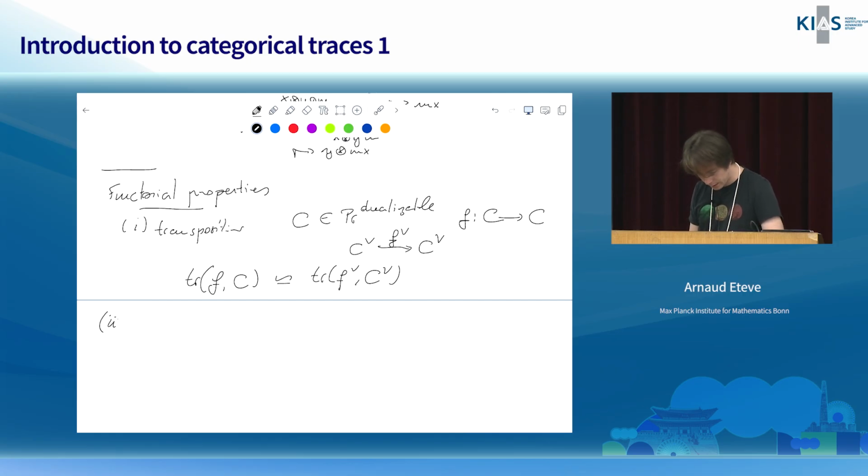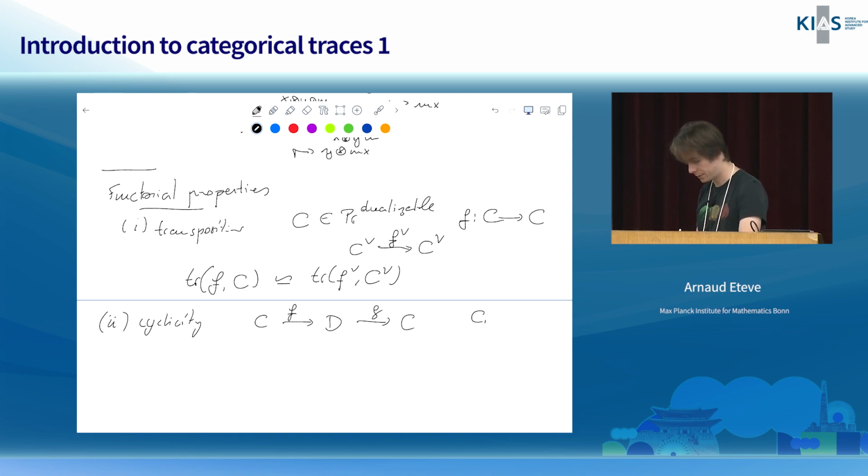The next one should not surprise you either; it's a cyclicity property of the trace. So we'll take F from C to D and G from D back to C, with C and D dualizable.